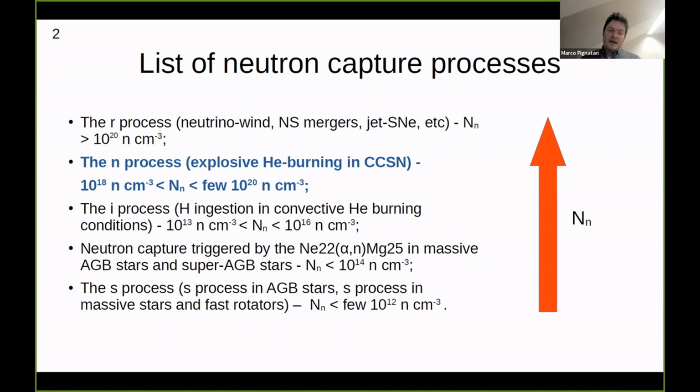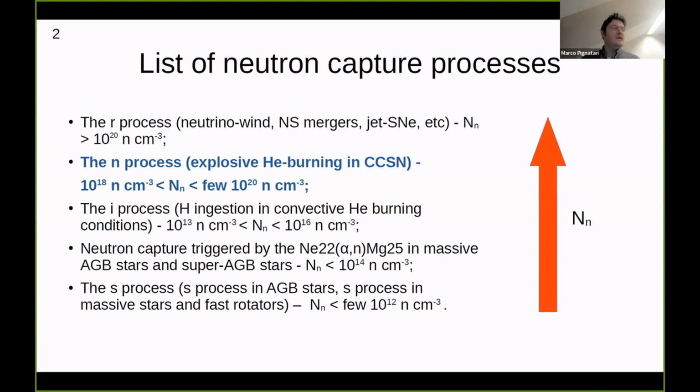This is the S process, a classical process, really well defined. At the top of the page there is the R process, where neutron densities are much larger than 10 to the 20 neutrons per centimeter cubed. This is also really well classically defined and known.